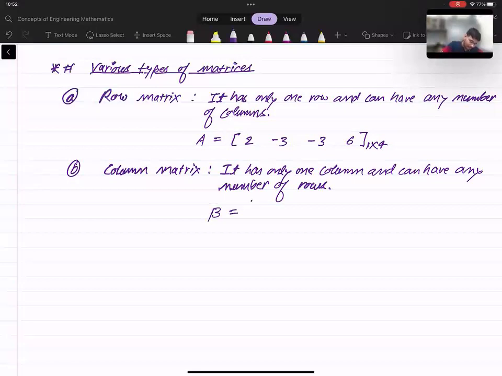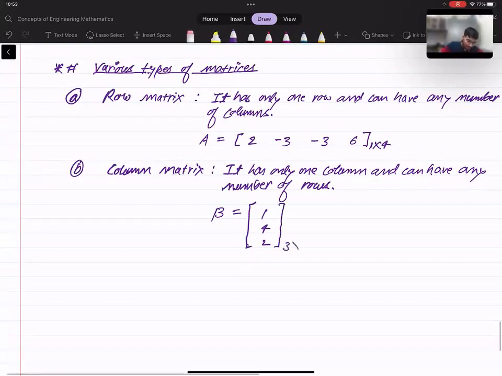So suppose we have a matrix B like this, which has say elements like 1, 4, 2, 7 and so on. Let me keep it a 3 by 1. So this is a 3 by 1 matrix.